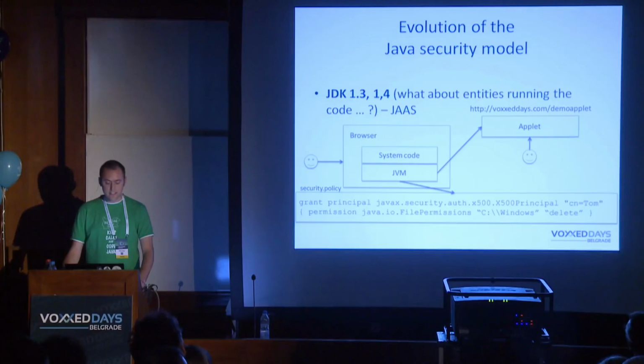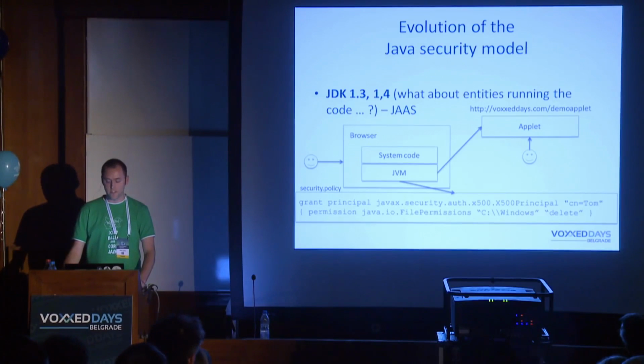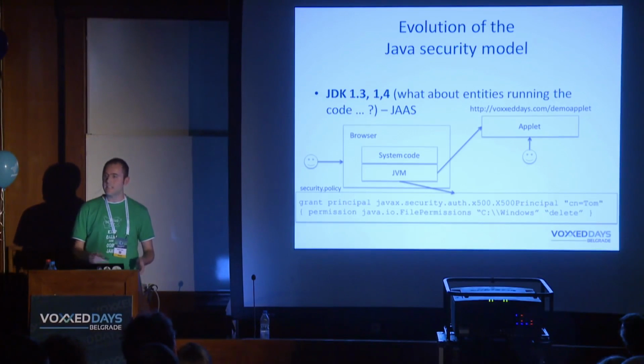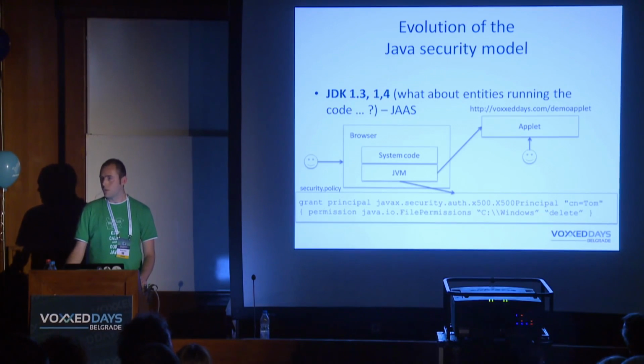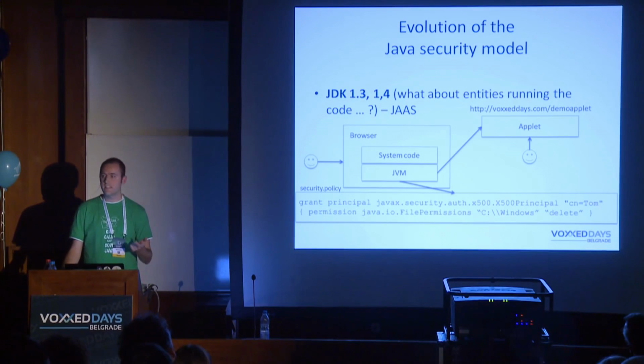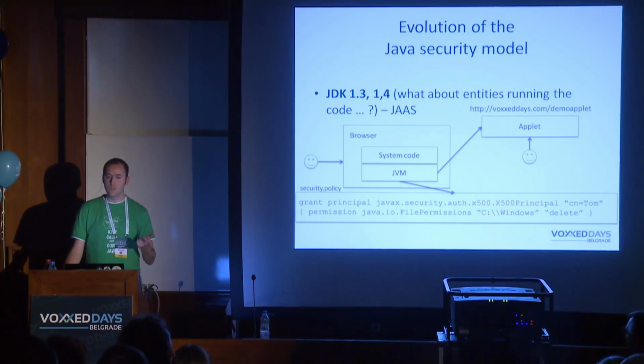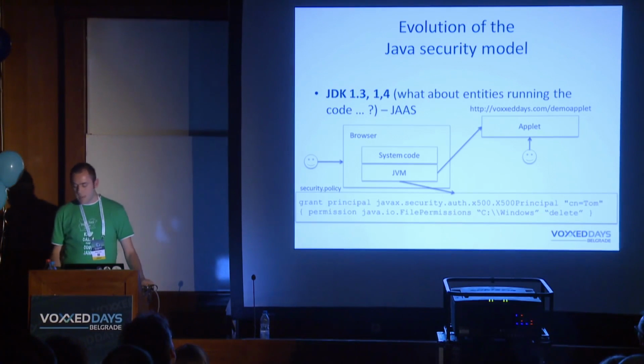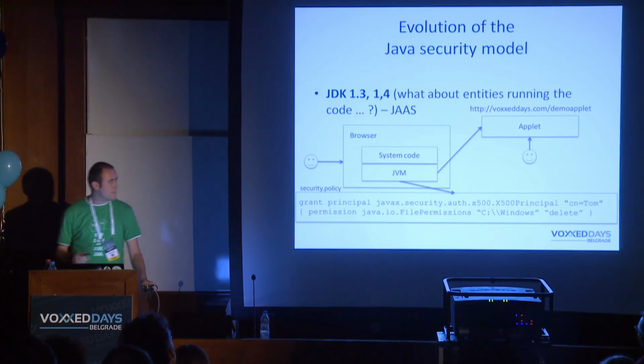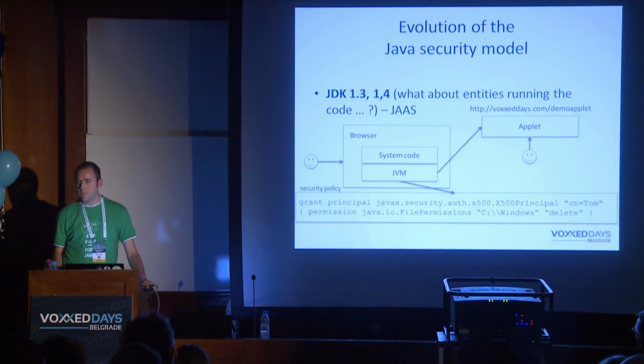So JAAS is Java Authentication and Authorization Service, and it extends the current security model with additional information on who is the one that executes the applet, who is the user that loads the applet into the browser. And basically now into the security policy file, you can specify additional information apart from the location of the applet.